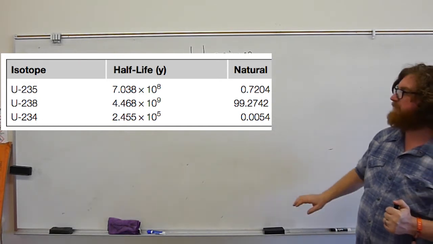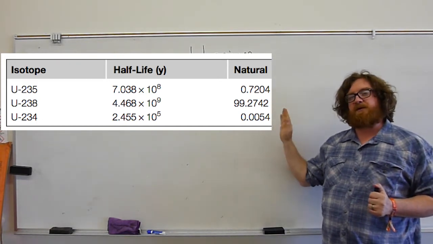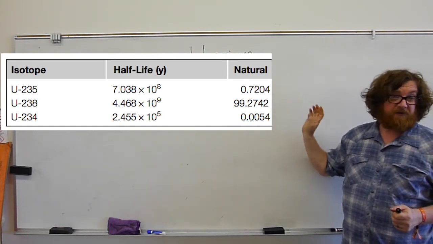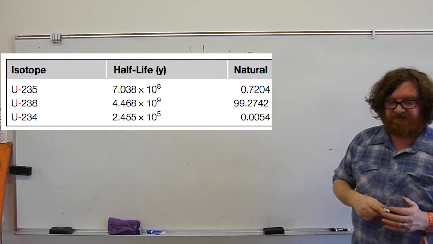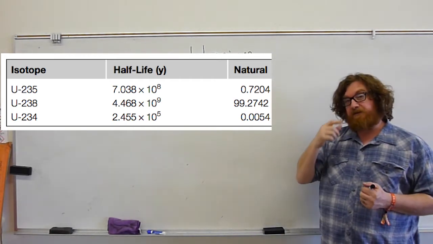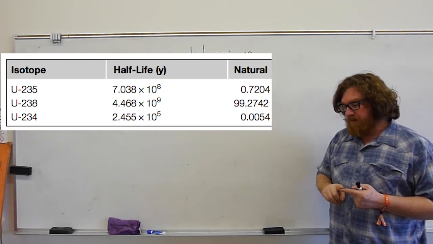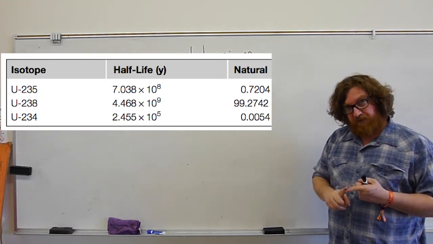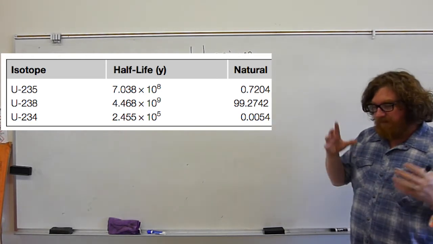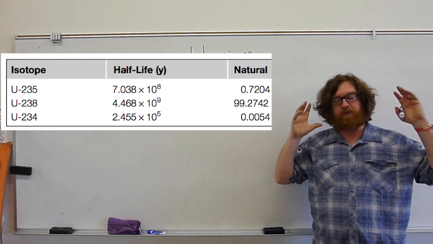And then uranium-234 with a really, really small percentage. And like I said, there are even others with smaller percentages, but we don't necessarily need to worry about that. What we're really going to focus on for the discussion is uranium-235 and uranium-238.